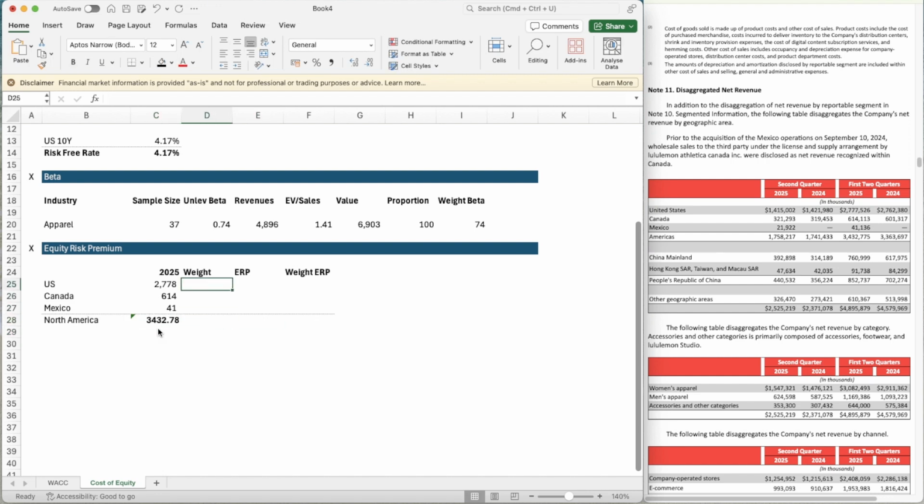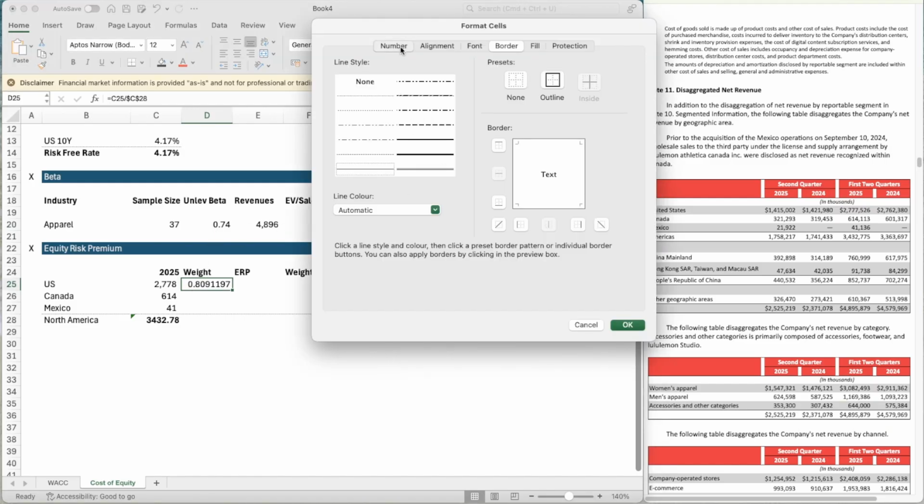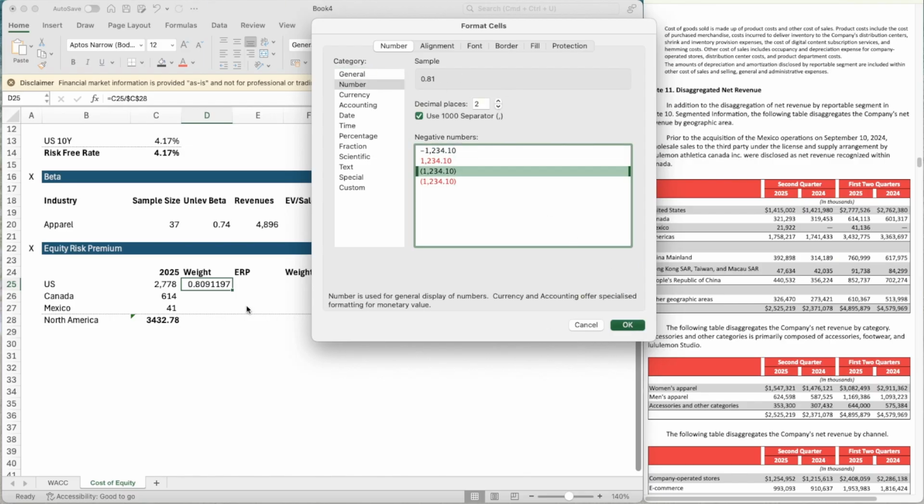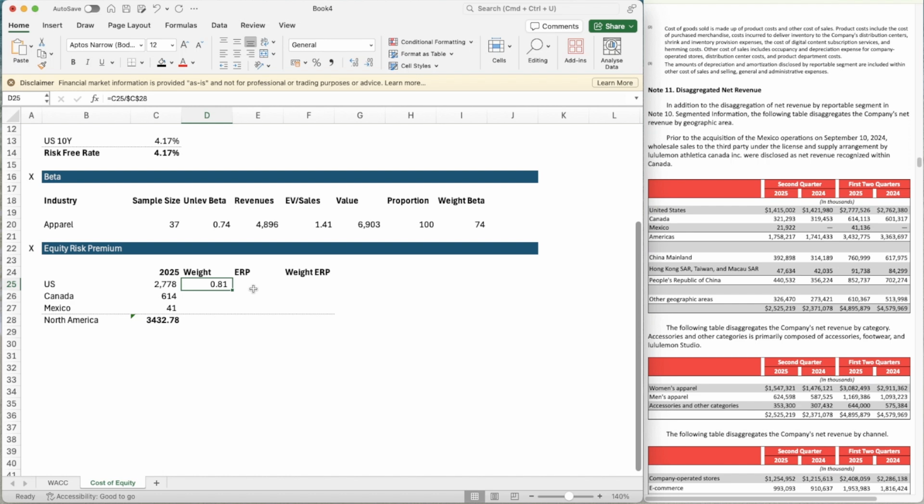And the weight equals. Lock this in. I want 2 decimal places. Okay. Now this should equal 1. Yes.